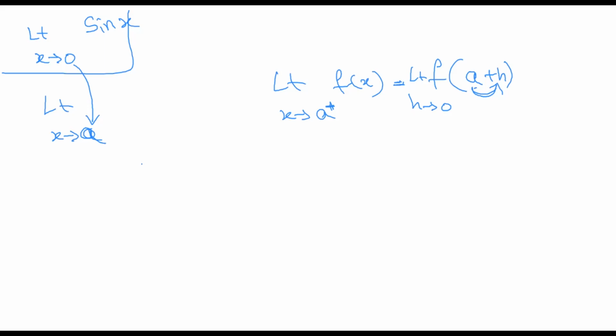See here, because limit h tends to 0, if you put 0 over here, you will get f of a only. You won't get 2a. It's just f of x, right? There's nothing else. We are just saying limit h tending to 0. If you just solve two questions, you will get to know how to do this one.